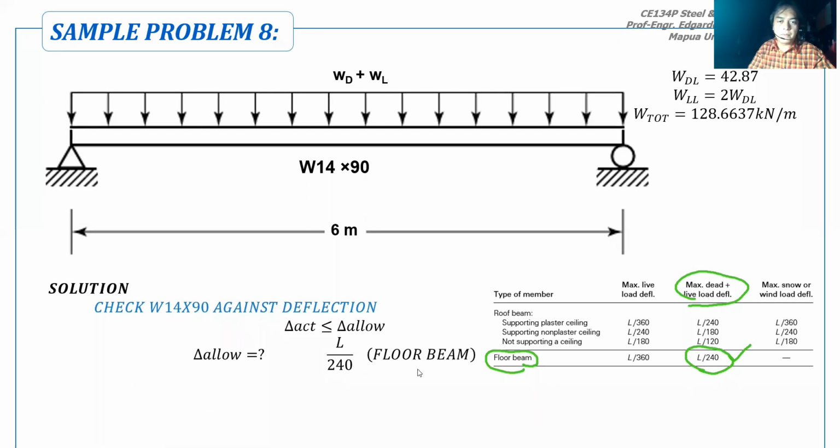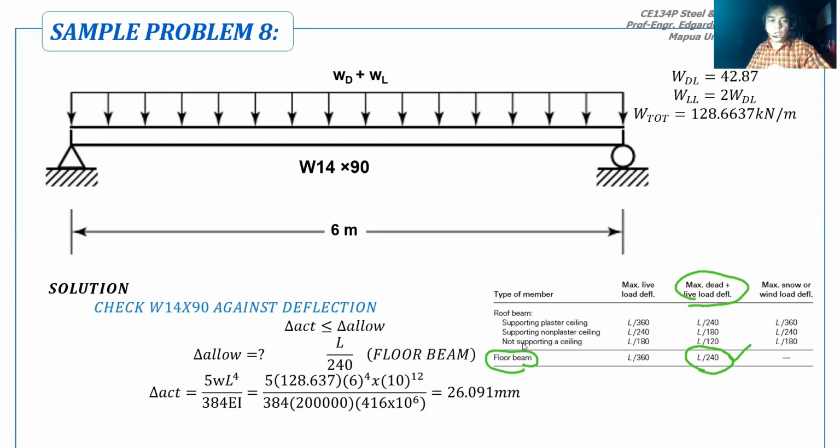I solved for the actual deflection using the formula 5W L to the fourth over 384 EI. For W, I used the total service dead plus live load. The elasticity is 200,000 megapascals, and the moment of inertia is Ix, taken from the steel manual table.